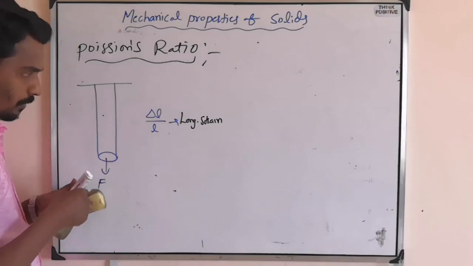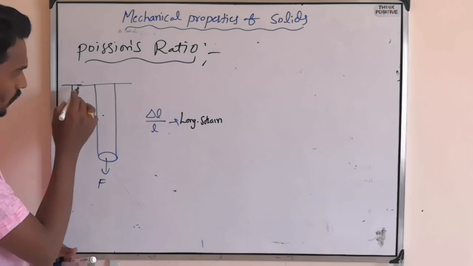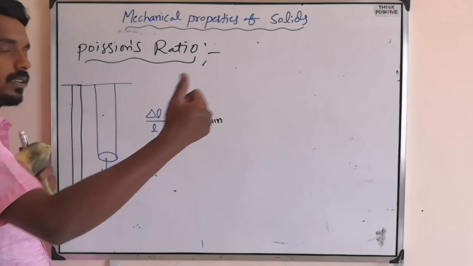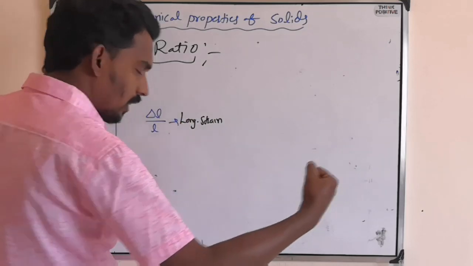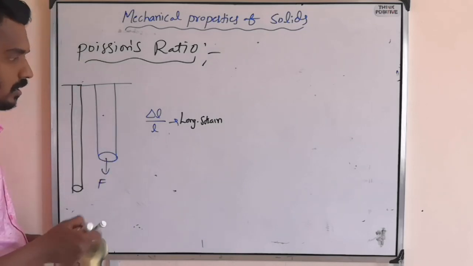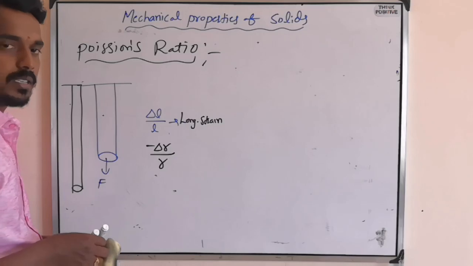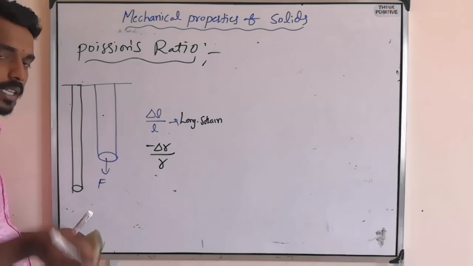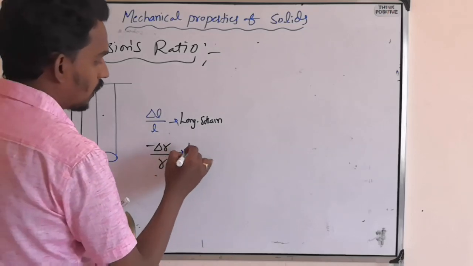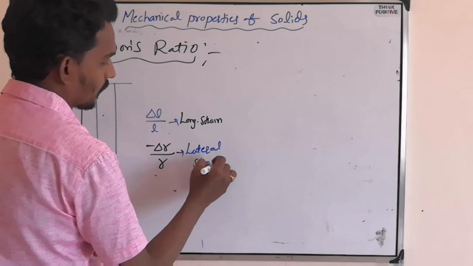But if you consider the exact situation, the wire becomes thin as its length increases. When you stretch the wire, length increases but radius decreases. So there is also a change in radius, that's why there is also strain in terms of radius, and that we call lateral strain.